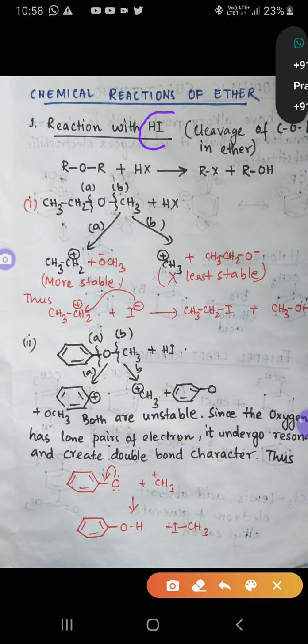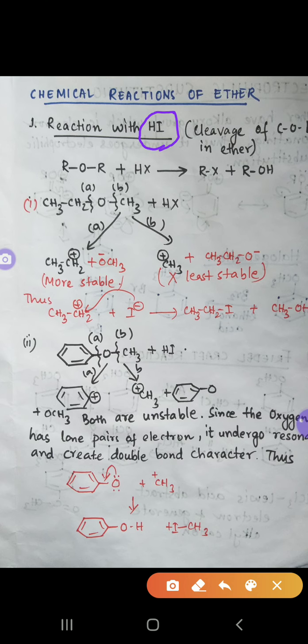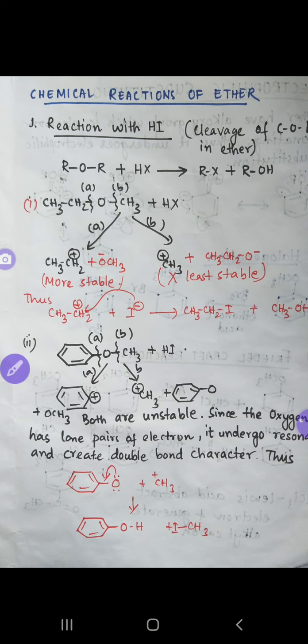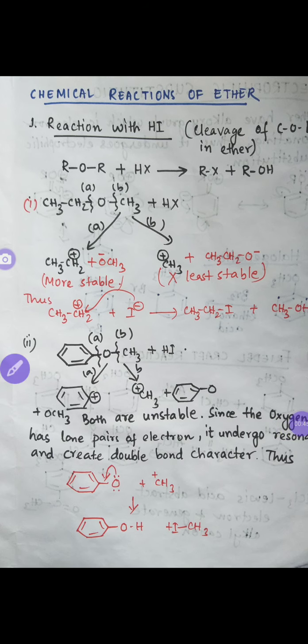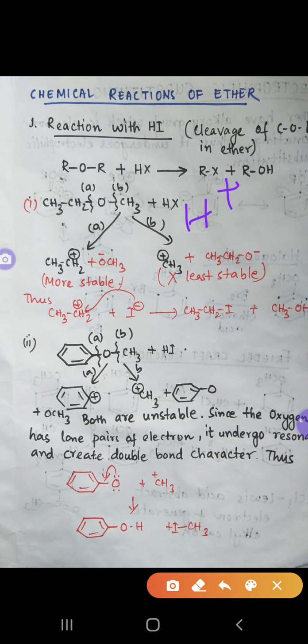Suppose the reaction involves HI, H plus and I minus. This H plus will go to some negative species, that means an electron rich species, as it is electron deficient, and this I minus is electron rich, so it will go to an electron deficient species, right?